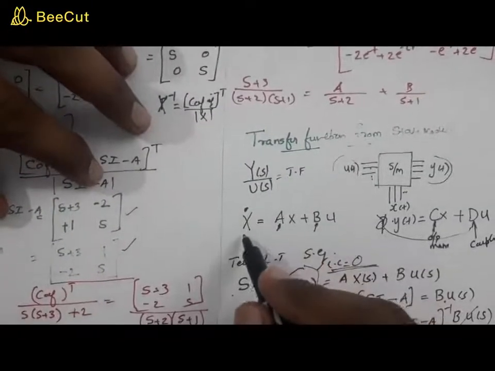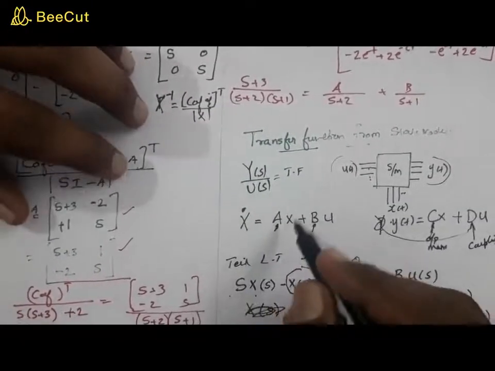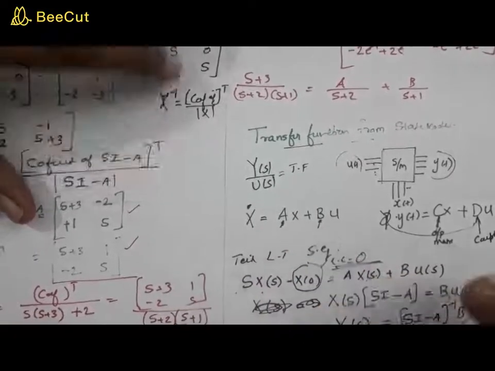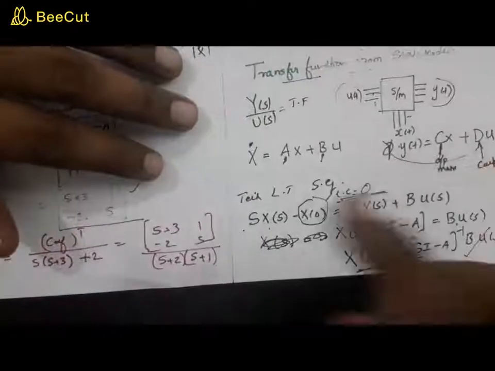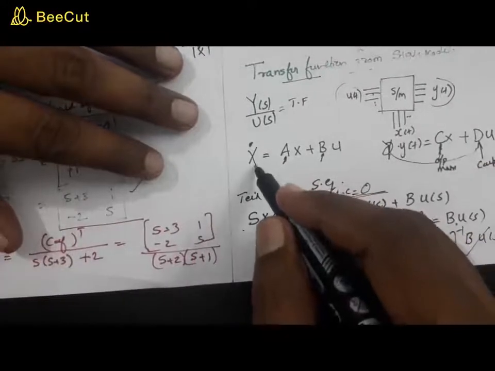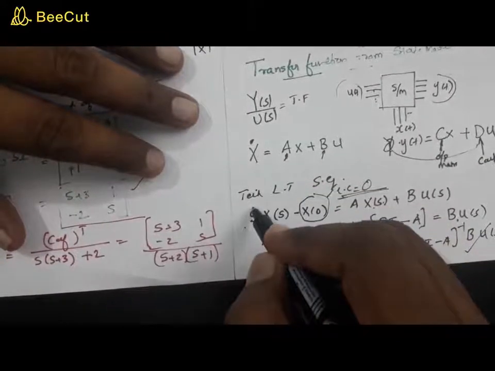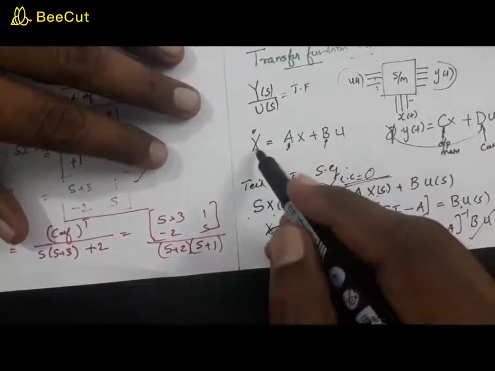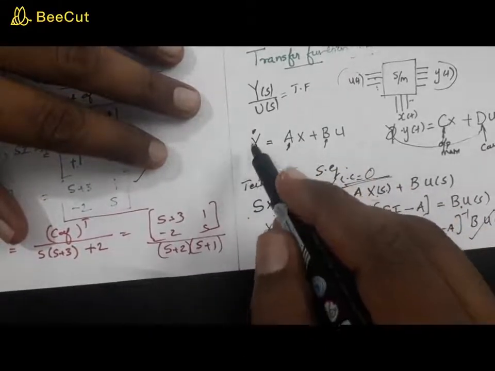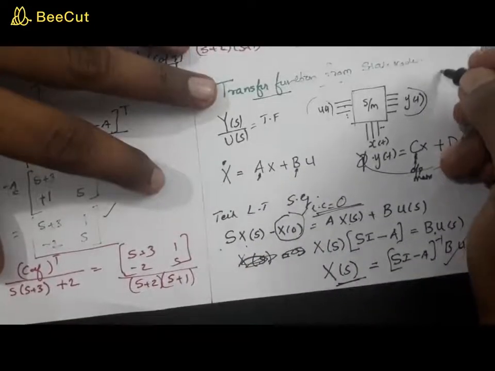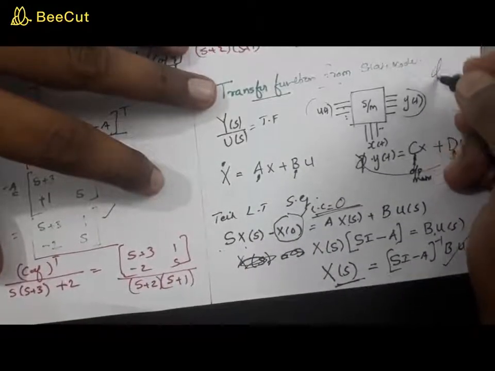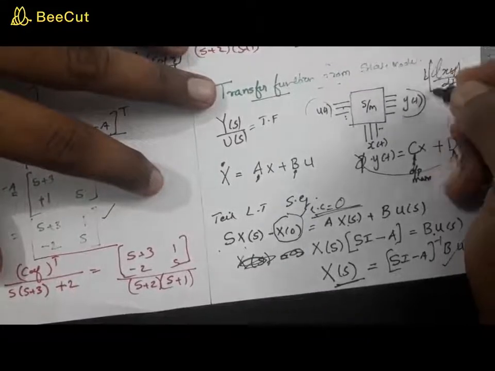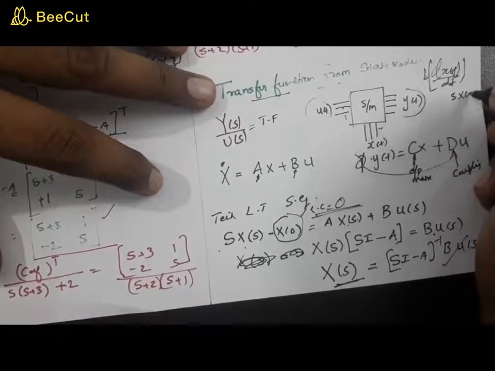Now let us start from this state equation. In order to get the transfer function, you need to take the Laplace transform of this. We know that x dot is equivalent to dx of t by dt, and its Laplace transform is s into X of s.